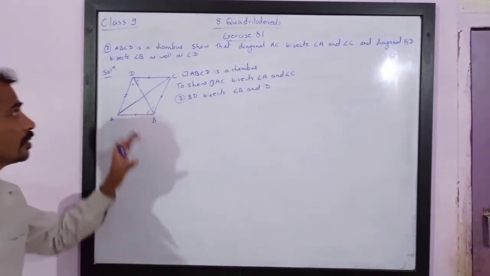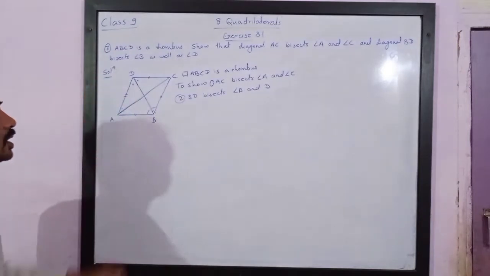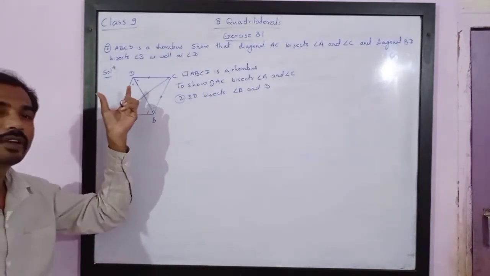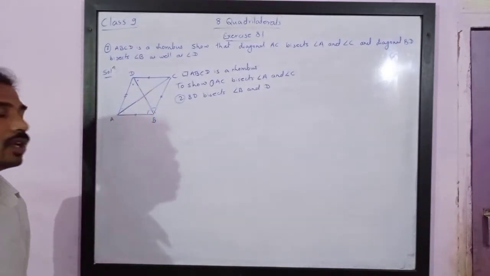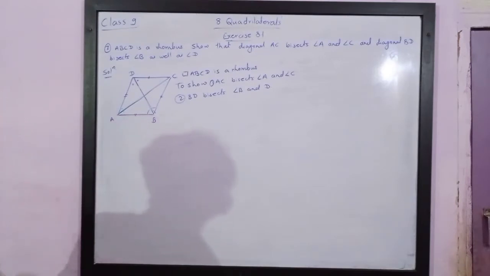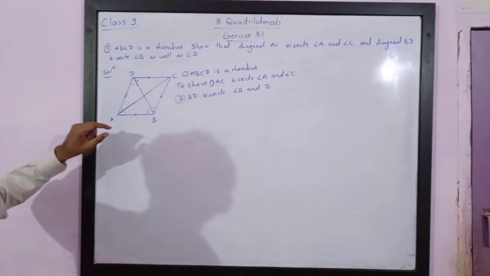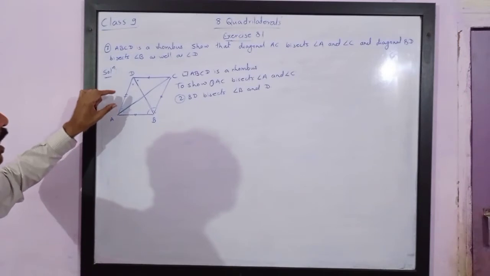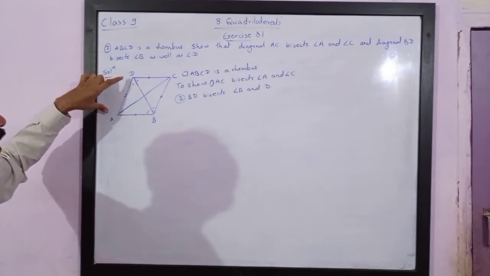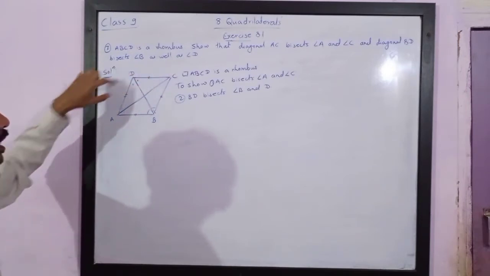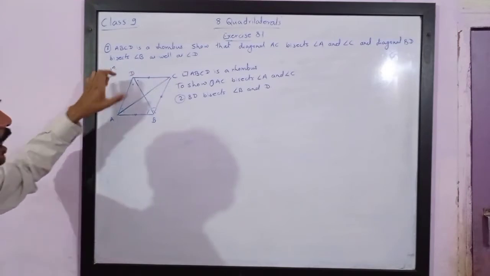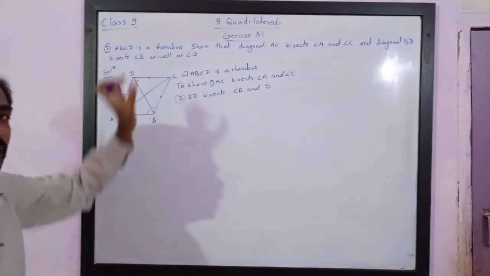Now see, ABCD is a rhombus. We know the property of the rhombus is all sides of the quadrilateral are equal. Now in this, consider triangle ADC. In triangle ADC, AD equals CD.